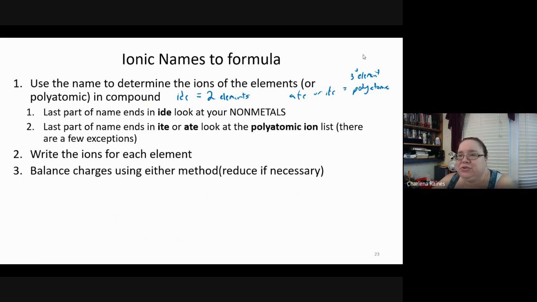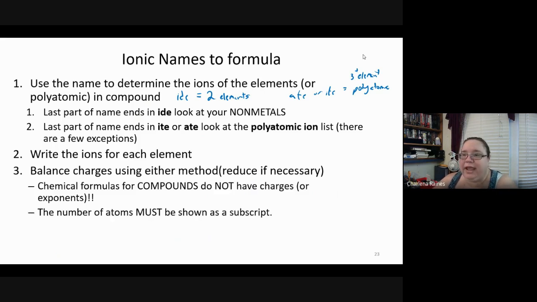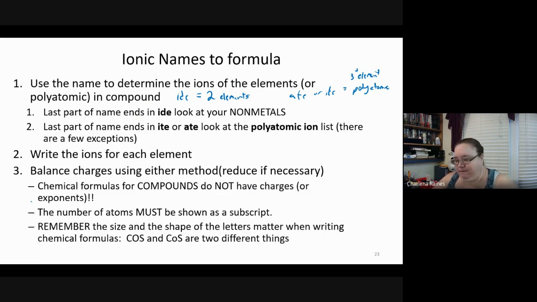If they can reduce, we reduce. But either way, we end up with our swap and drop. So make certain you swap and drop the ions. Once you've reduced, you swap and drop.